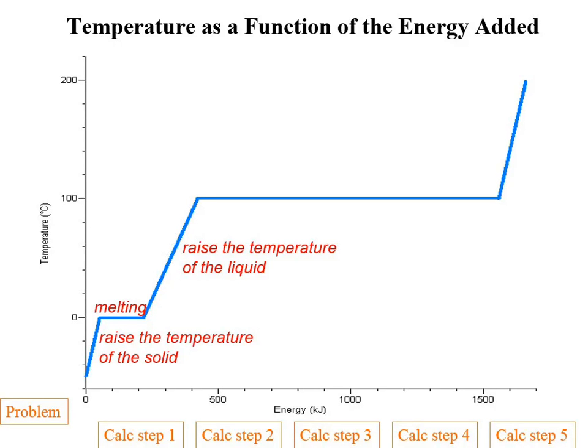Right up here, you can clearly see where vaporization takes a lot more energy. It holds at 100 degrees Celsius and goes from a liquid to a gas. How much energy is required there? That's the Q of vaporization. Then when it's a gas, we need to take it from 100 degrees Celsius to 200 degrees Celsius. That would be the Q of heating the gas.